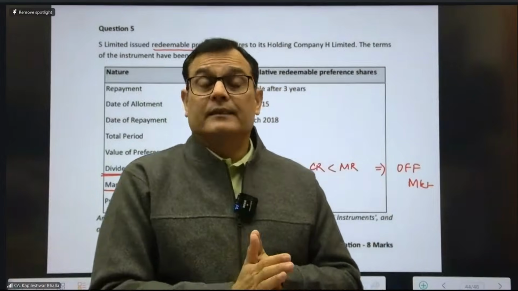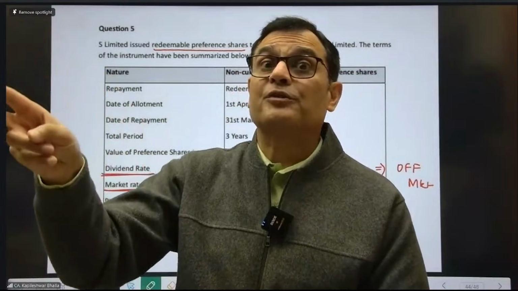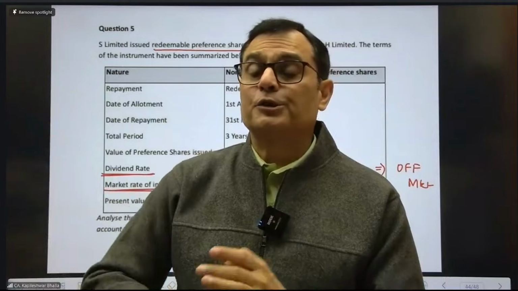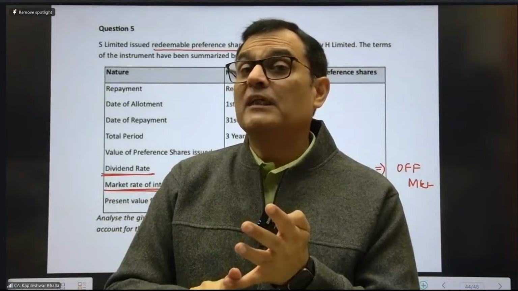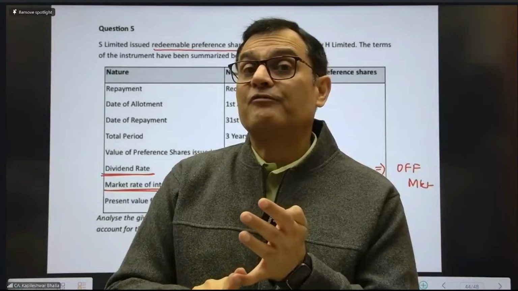But if the data is picked up from unobservable inputs, you go to step number 3. In step number 3, you could look at 3 kinds of relationships. Employer-employee, resulting in a concession loan: the difference is a prepaid staff cost.